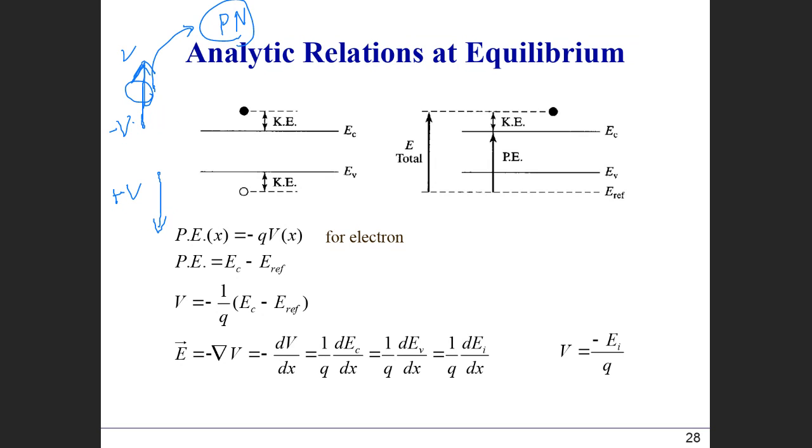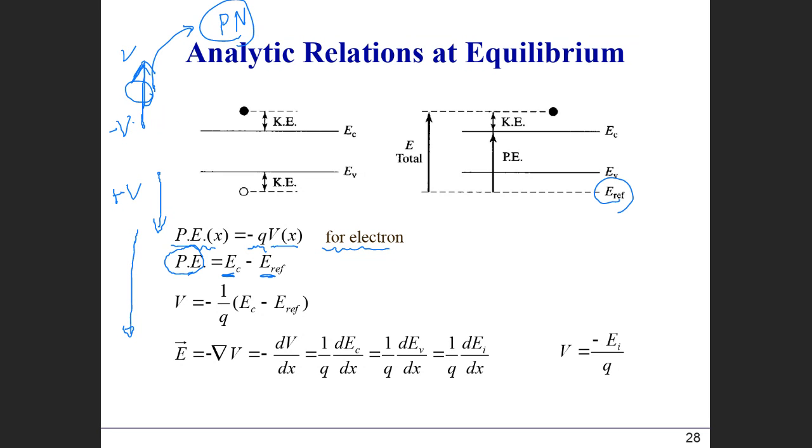Now this shows the relationship between the energy and the electric field. For example, for the electron, we can calculate the potential energy as the electron's negative charge, minus q, multiplied by the potential. Let's say we choose a particular potential energy, from EC to E reference.